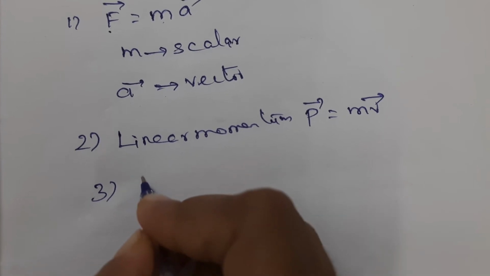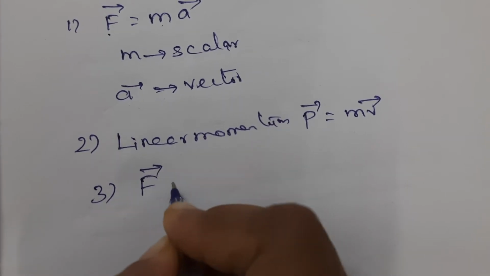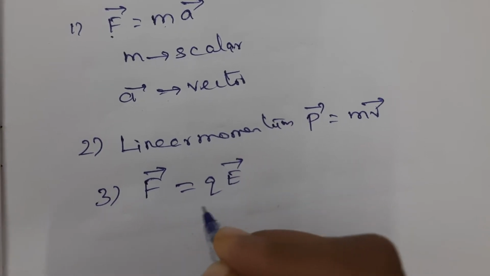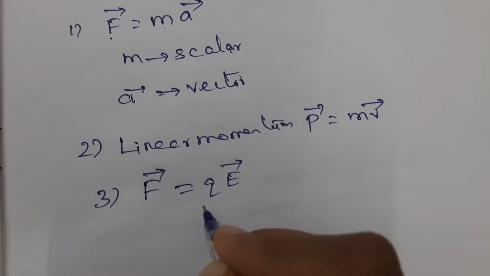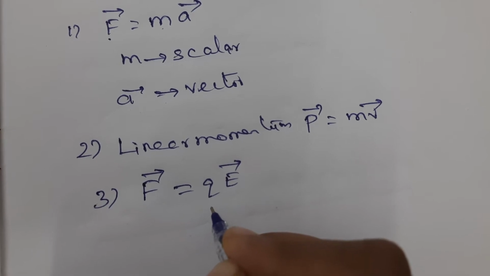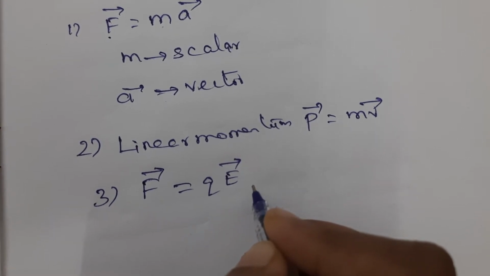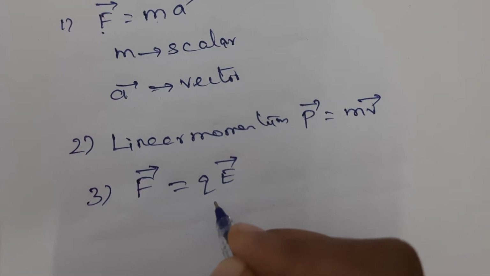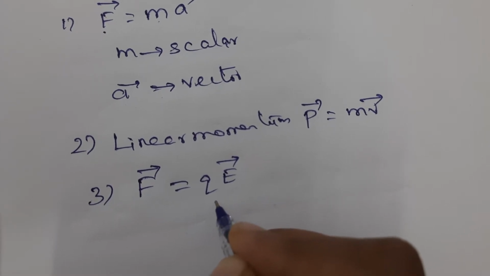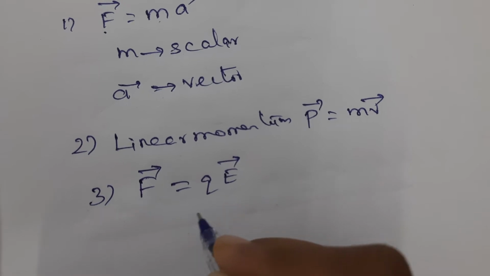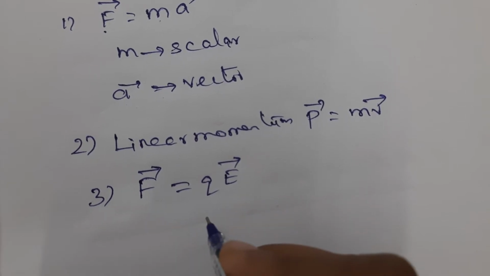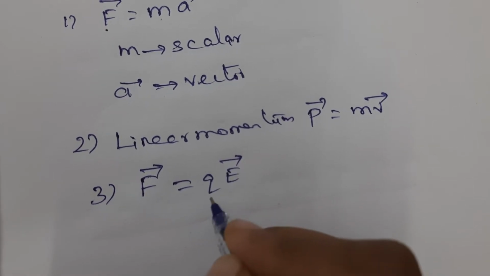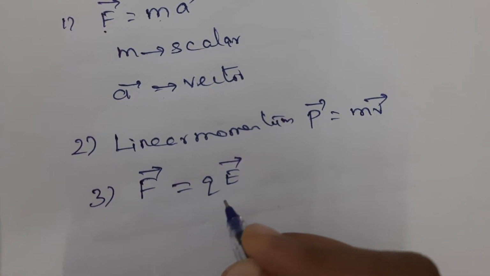Next, one more example. The electric force can be written as charge into electric field, q into E. Here q is charge, which is a scalar, and E is the electric field. Charge can be either positive or negative.